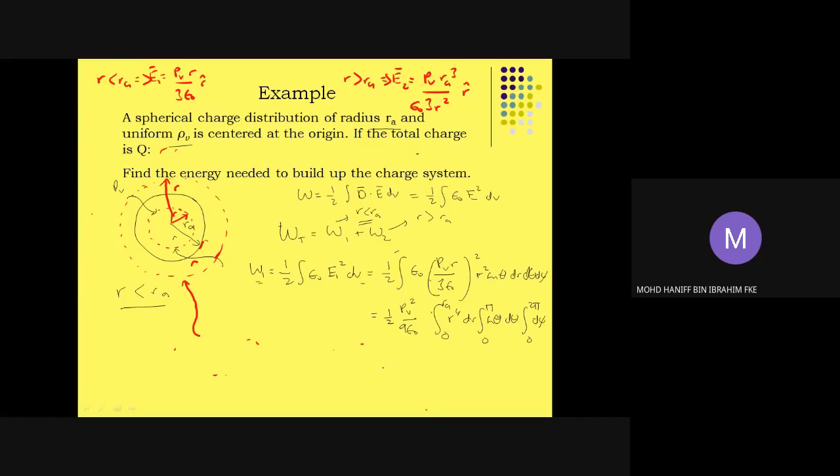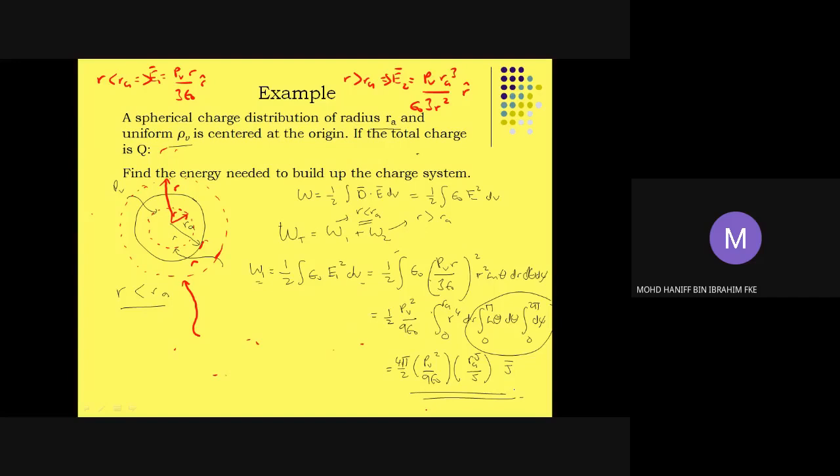If we proceed with this answer, we have half, and this will give us 4 pi. Then we have rho v squared over 9 epsilon naught, and that will give us RA to the power of 5 divided by 5, in joule unit.